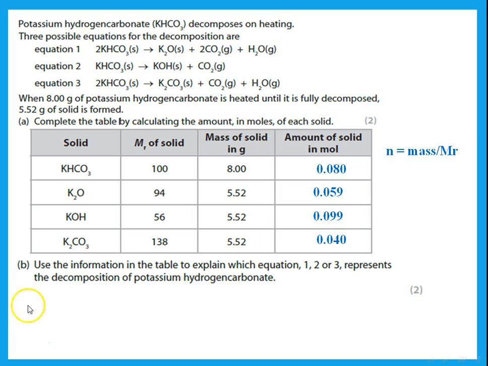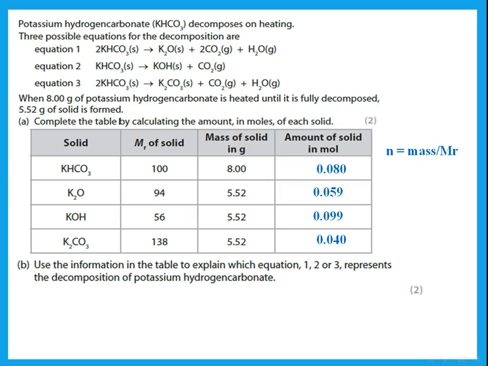Now, equation 2, if it is KOH, is 0.099. But from equation 2, the number of moles of KHCO3 should be the same as the number of moles of the solid that comes out. So if it is 0.08, I should actually get 0.08. I didn't get 0.08, so that means equation 2 is wrong.